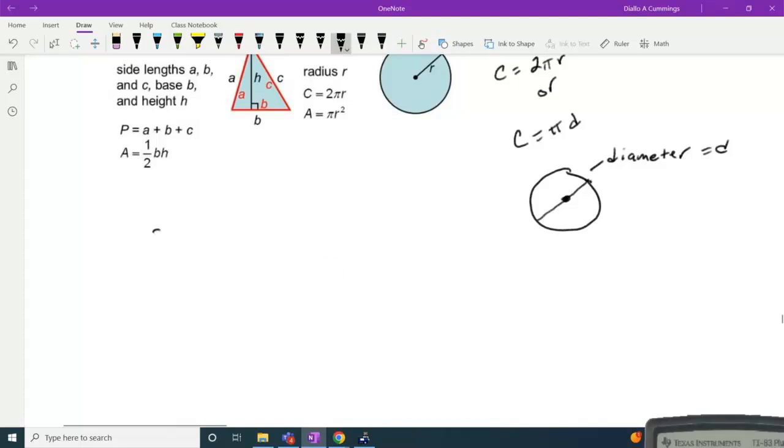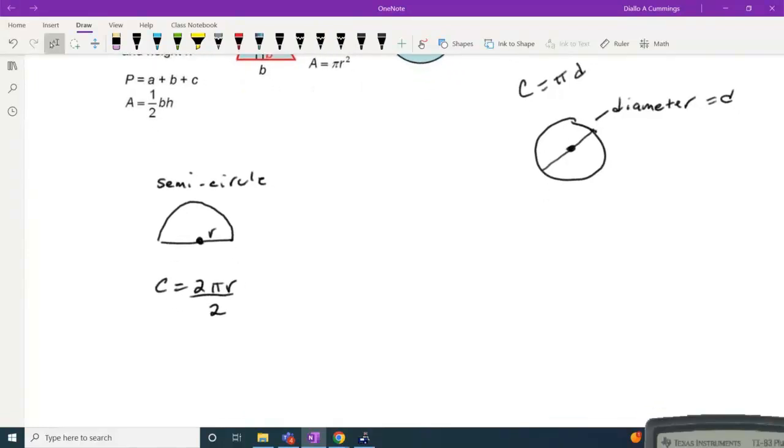If you're dealing with a half circle or a semicircle, we're simply going to take the formula for the circumference, which is C is equal to 2 times pi times r, and we're basically going to split it in half. So if we split it in half, the 2's are going to cancel. So the circumference of a semicircle is pi times the radius.